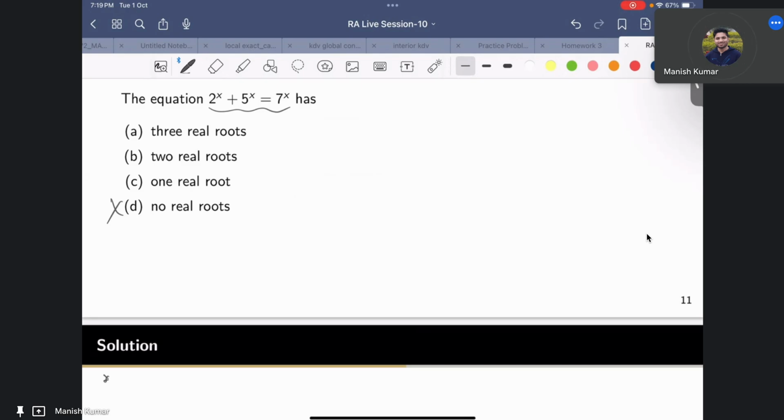Proving that it has one root is very easy. Maybe you can do it this way as well. Take f(x) = 2^x + 5^x - 7^x, right? So f(0) is clearly 1, which is greater than 0.